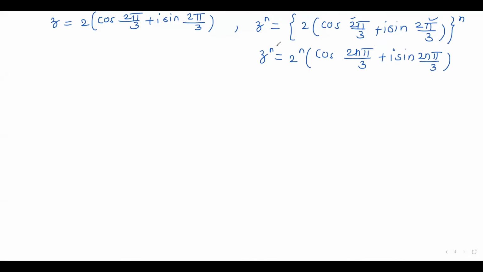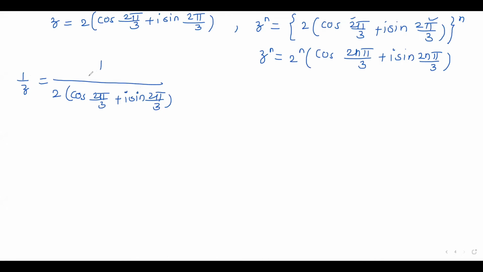Similarly, you want 1 upon z, right? Simplify this. What will be 1 upon z if z is this? Just the sign of this quantity will become minus, right? And therefore this will be 1 upon z, which becomes 1 upon 2 into cos of 2 pi by 3 plus i into sine of 2 pi by 3. I have just written z in the denominator.